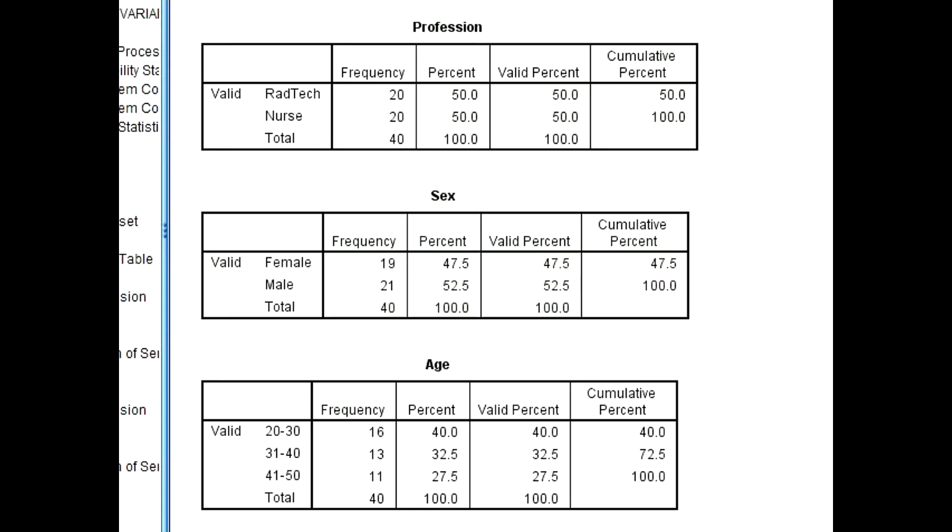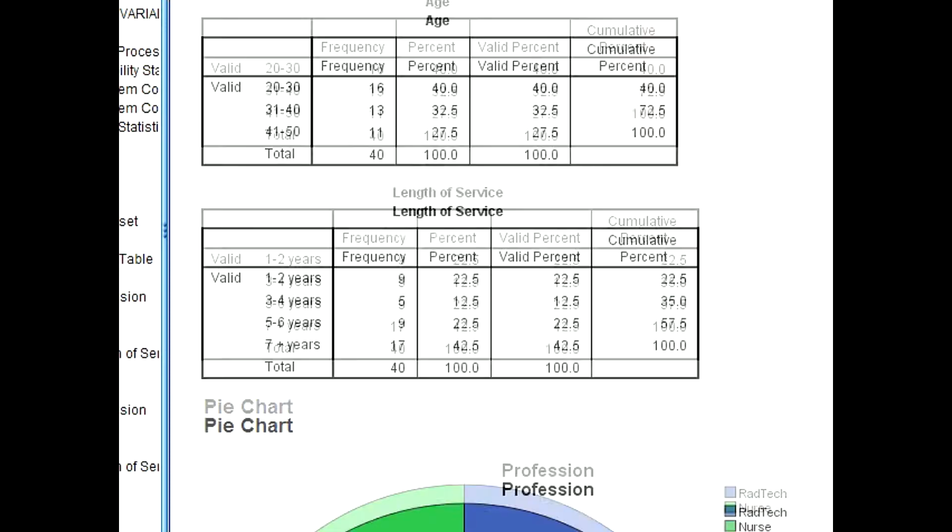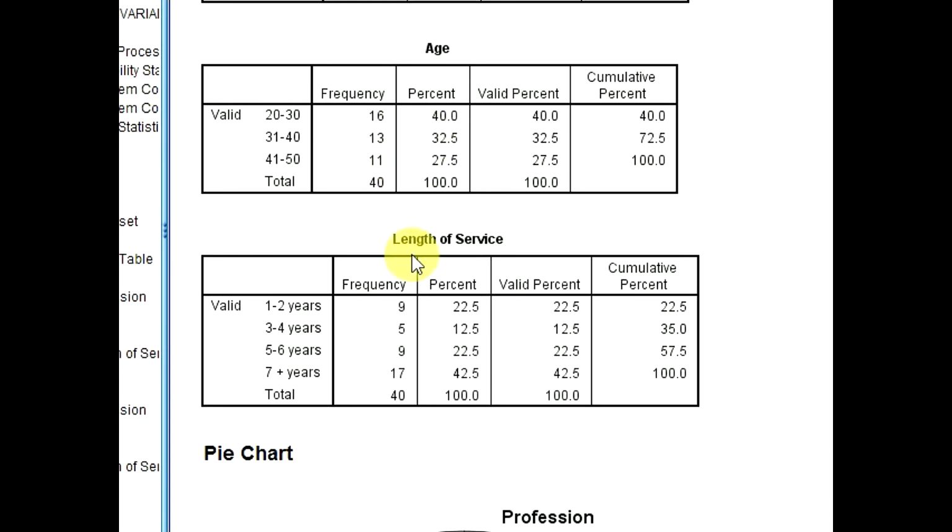Okay, and then for the age grouping, you have 3 groupings here. For the length of surveys, there are about 4. So the rule of thumb here, as I said, is that if you have 3 groupings like this, then there should be at least 15 per group.